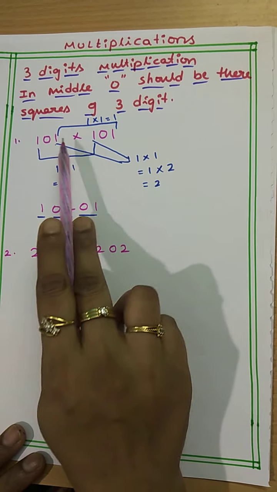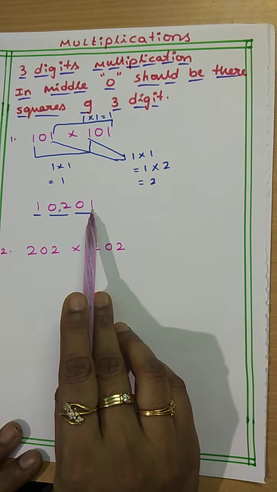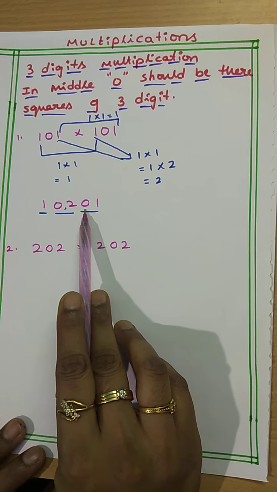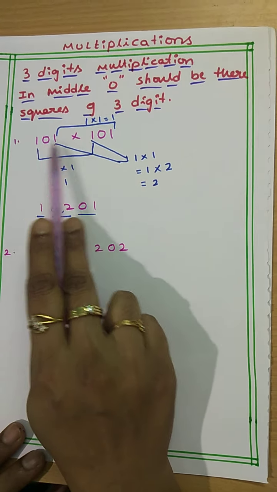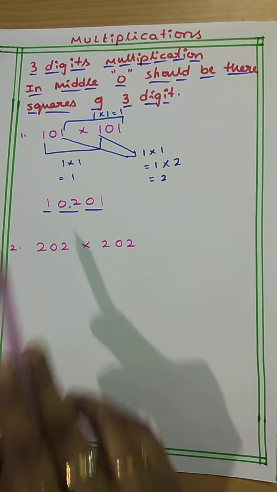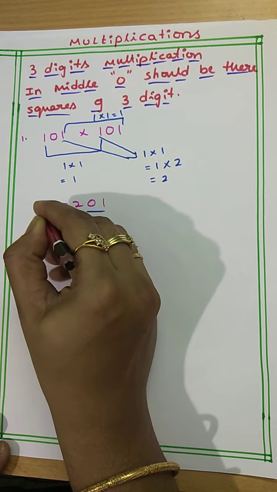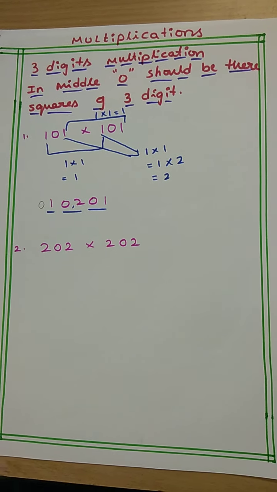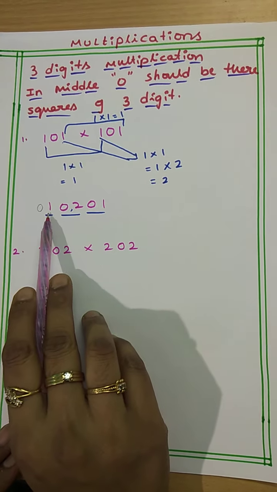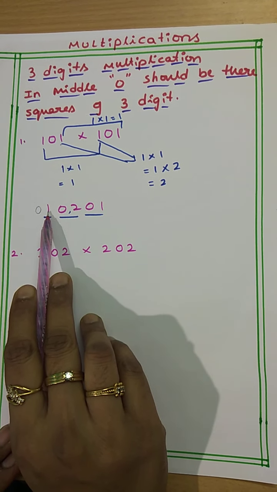After that, 1 into 2 is 2. Then the first digits, 1 into 1 is 1; here we could put 0 too, but a leading 0 has no value, so we write only 1.